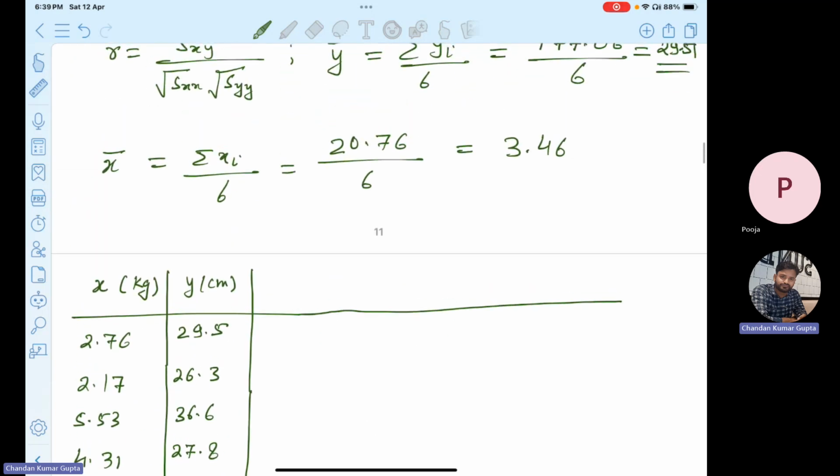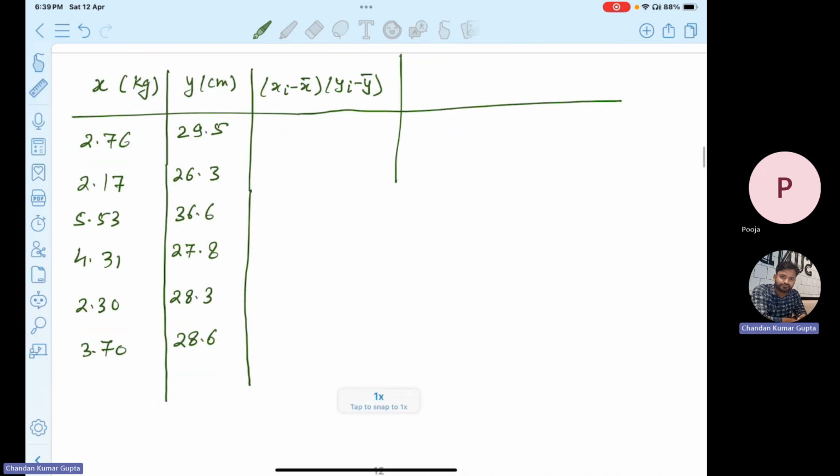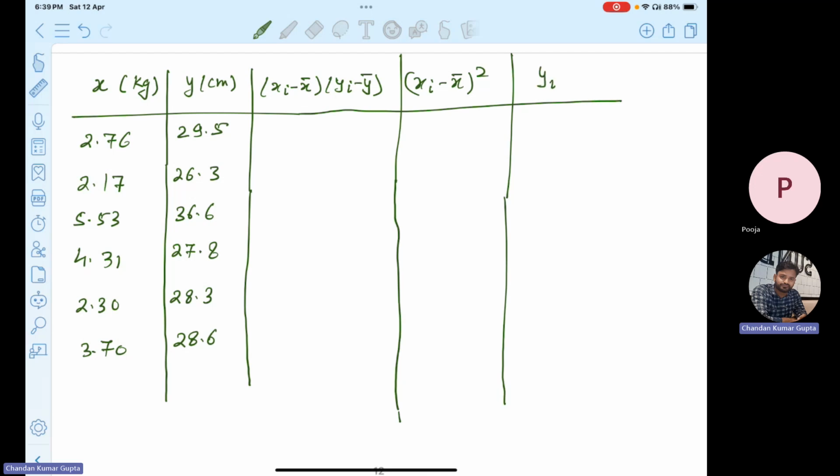So we need to calculate now xi minus x bar into yi minus y bar, and then xi minus x bar whole square, and at last yi minus y bar whole square.